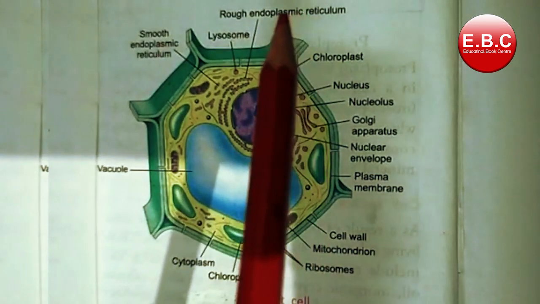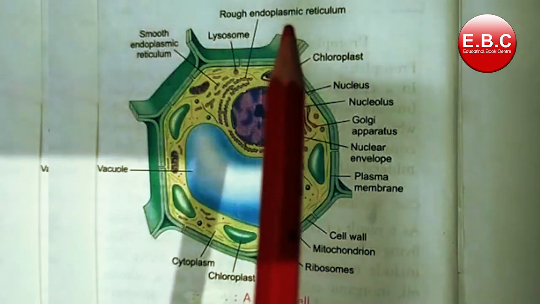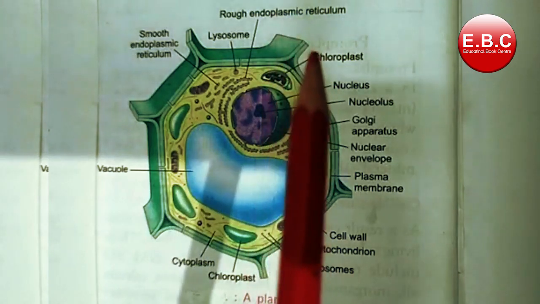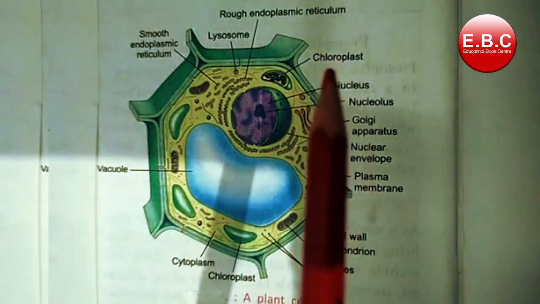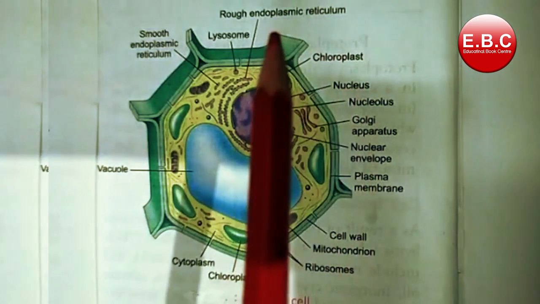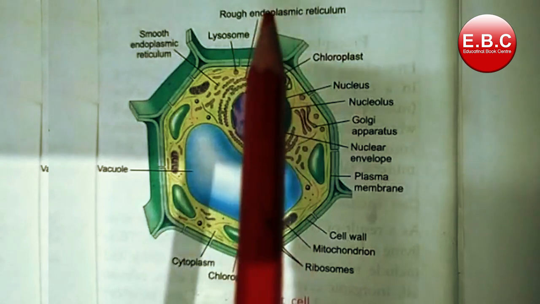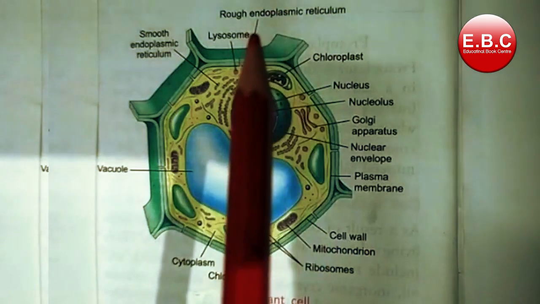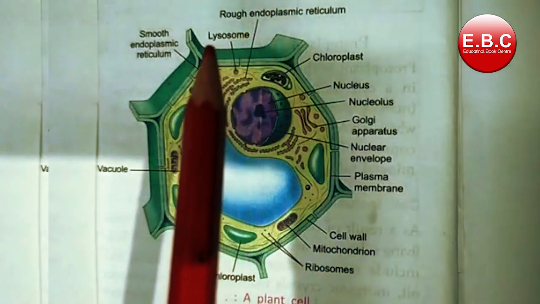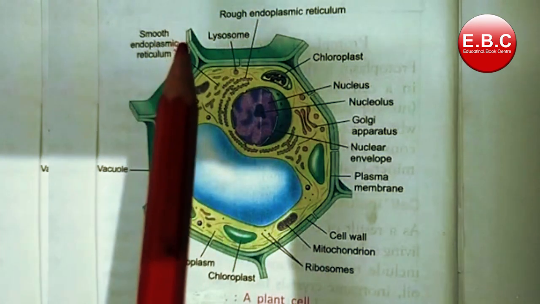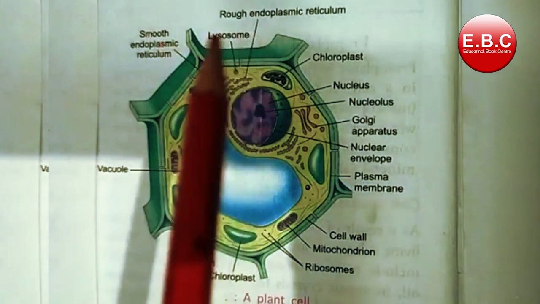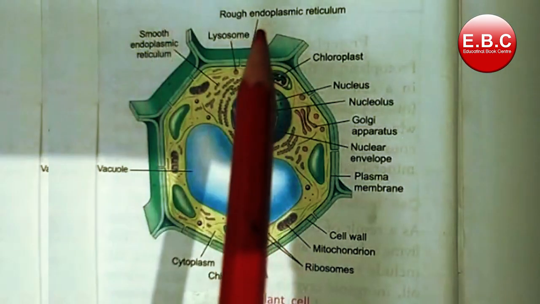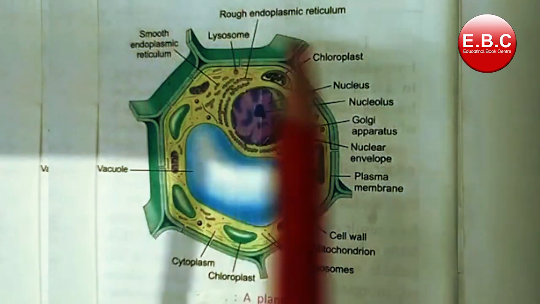The main function is that it acts as an intracellular transport system and helps in the synthesis of proteins and lipids, and it also provides a framework to the cell.